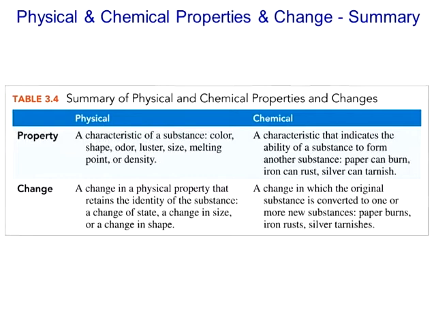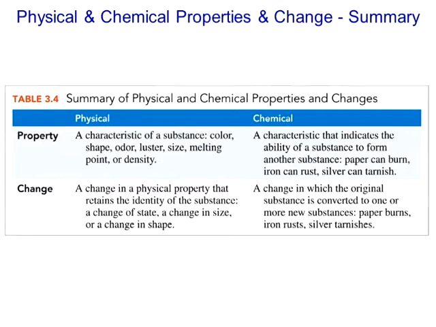Okay? And we've already taken a look at the physical changes. So let's summarize them. A change in physical property that retains the identity of the substance: a change in the state, a change in the size, or a change in shape. These will all be physical changes.